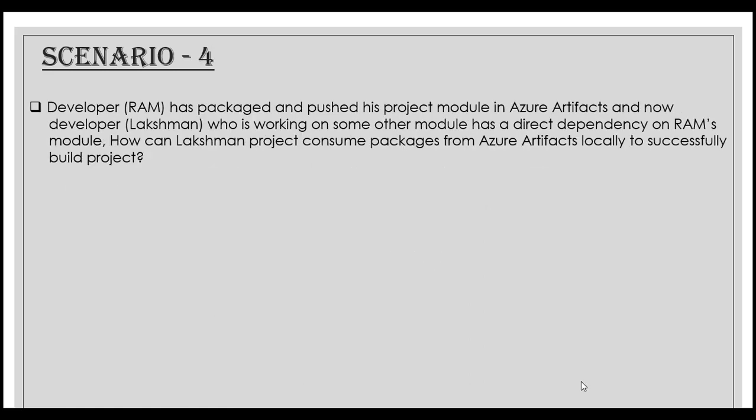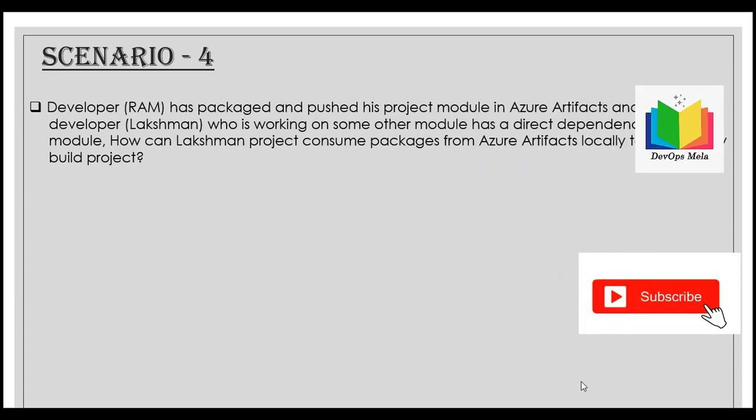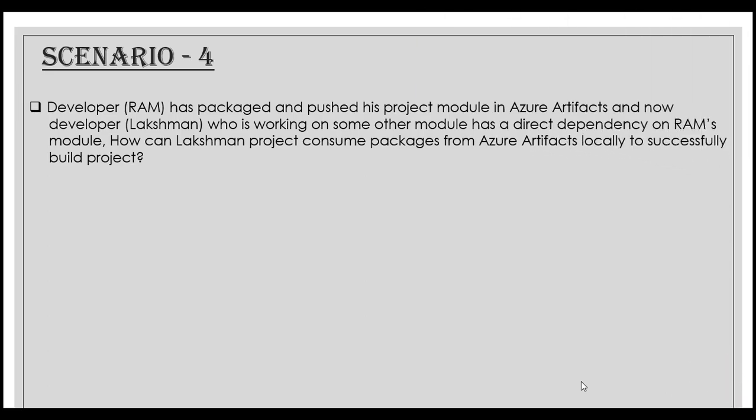In this scenario, developer Ram has packaged and pushed his project module to Azure Artifacts. And now developer Lakshman, who is working on some other module, has a direct dependency on Ram's module. How can Lakshman's project consume packages from Azure Artifacts locally to successfully build his project?